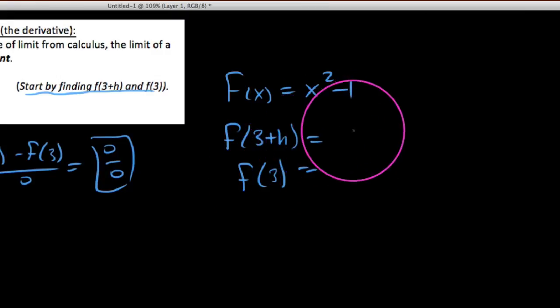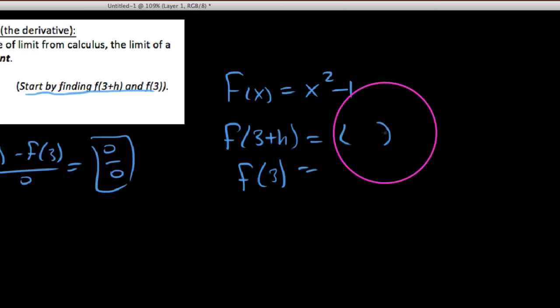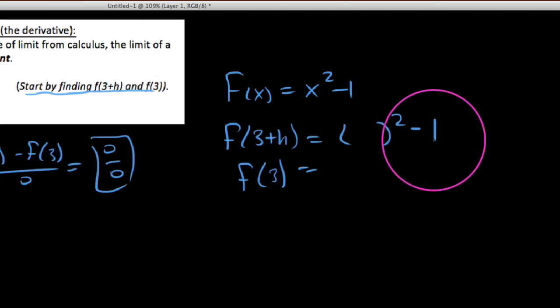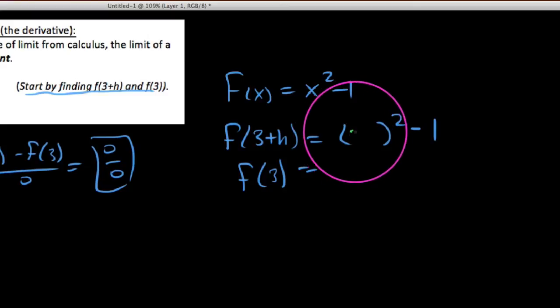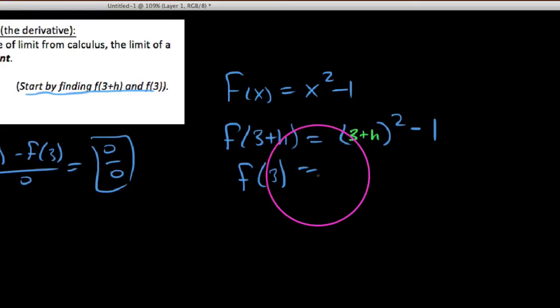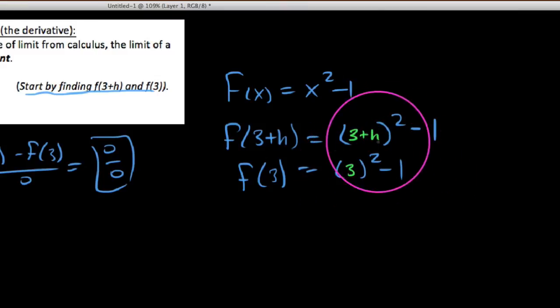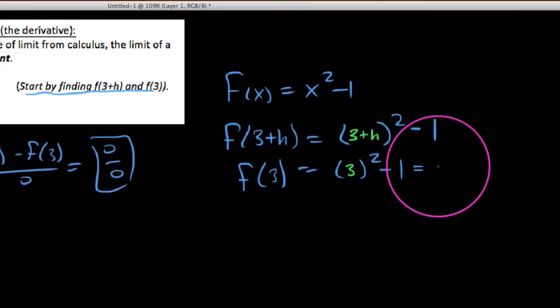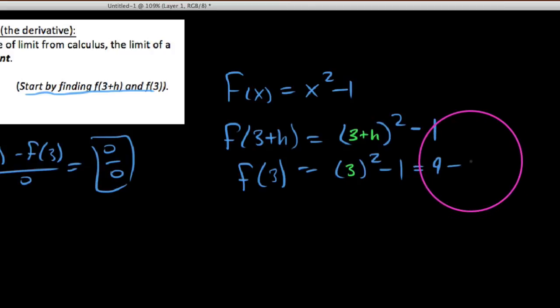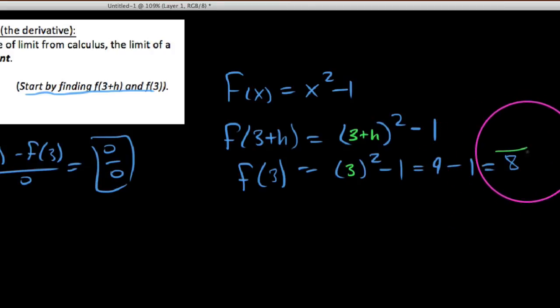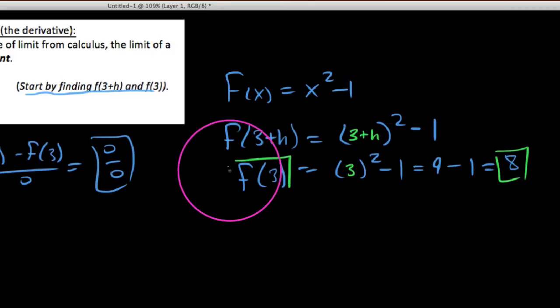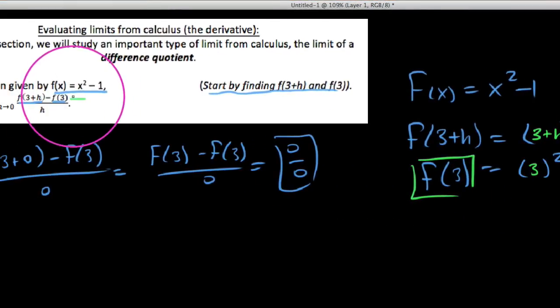For f of 3 plus h, everywhere I see an x, I plug in 3 plus h. And for f of 3, everywhere I see an x, I plug in a 3. The second is the easiest to evaluate here: 9 minus 1 is equal to 8. We are going to put this in our back pockets and not lose it, because we need that for this part of our difference quotient.